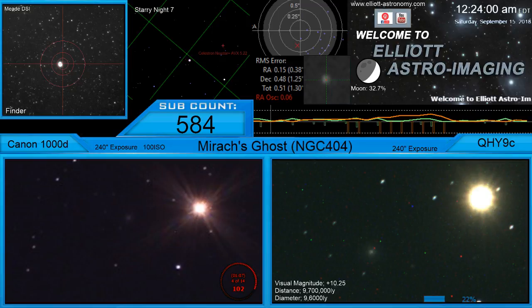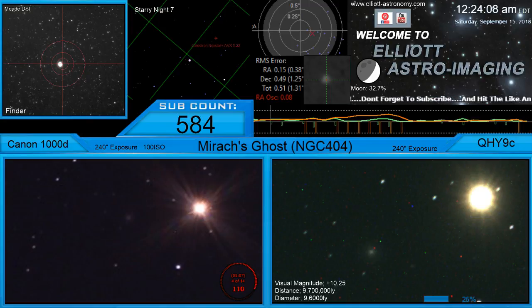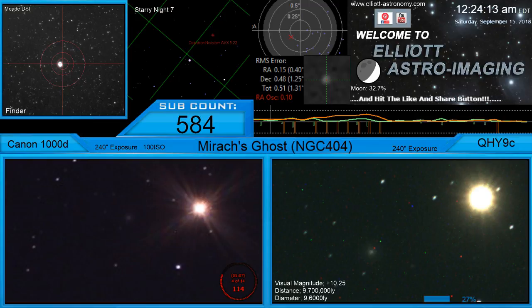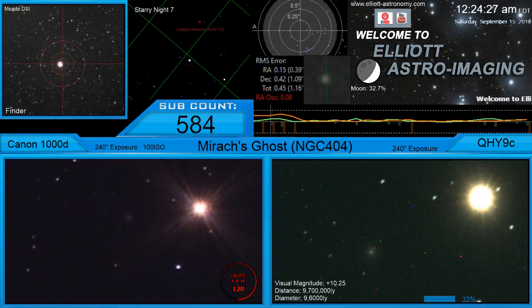It's ridiculous. I don't understand it. And I've reset the mount. I turned it off, turned it on, did a factory reset, turned it off, turned it back on. Then I re-entered the site, which is longitude, latitude, the time, the date, daylight savings time, and then you do your star alignment.